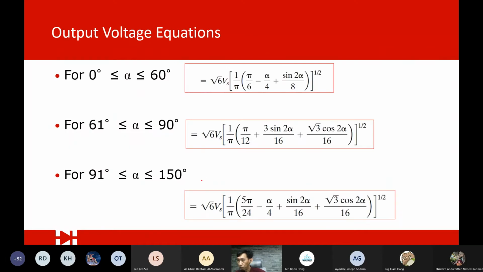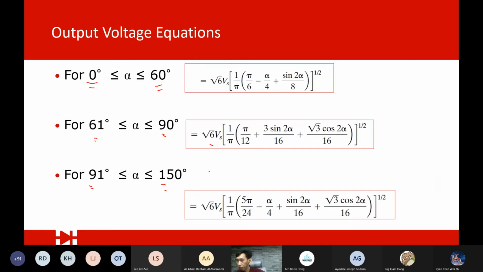Now, for the theoretical part, like I said, it is governed by 3 different equations, not a single equation like we use in the single phase. The output voltage equation depends on your firing angle. Between 0 to 60, you will use this equation; 61 to 90, you will use this equation; and then 91 to 150, you will use these equations.